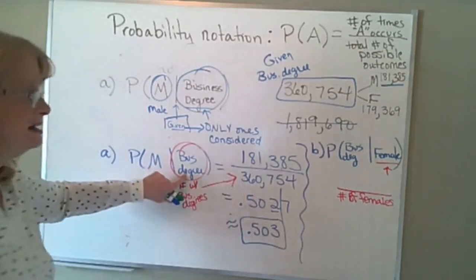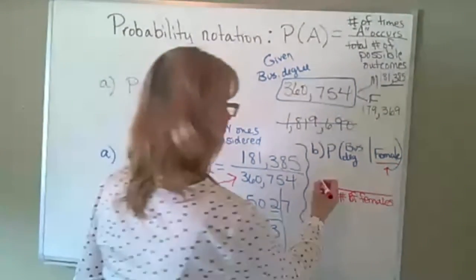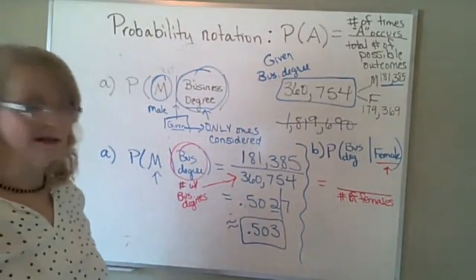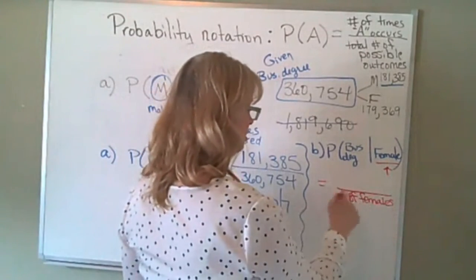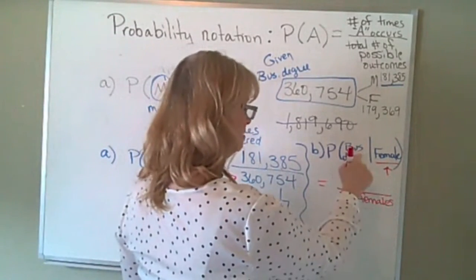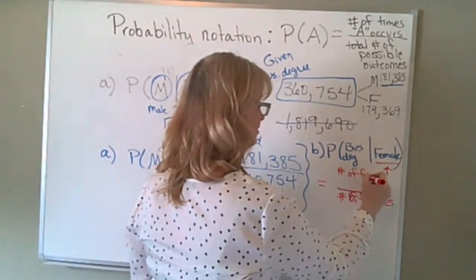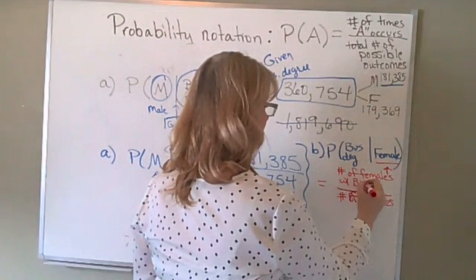Do you see how the condition tells you what the bottom number is going to be? And then that's your new sample space. So now I'm only going to look at the females, and I want to know out of those, how many of them have a business degree. So this is going to be the number of females, because that's all I'm looking at, with business degrees.